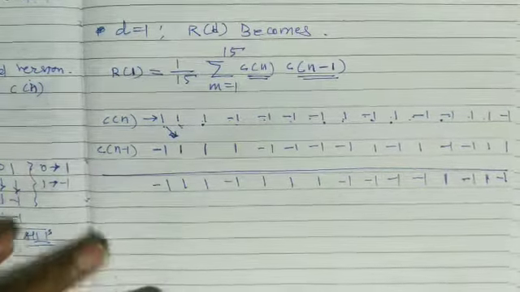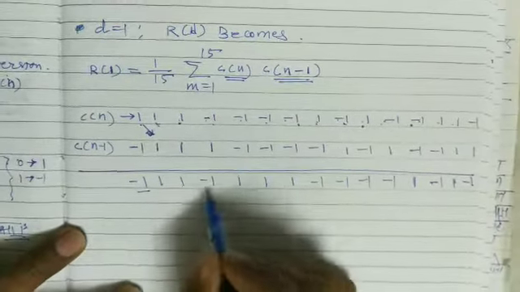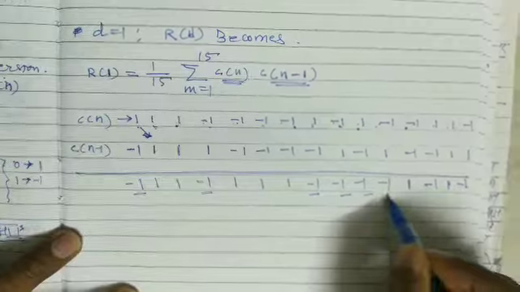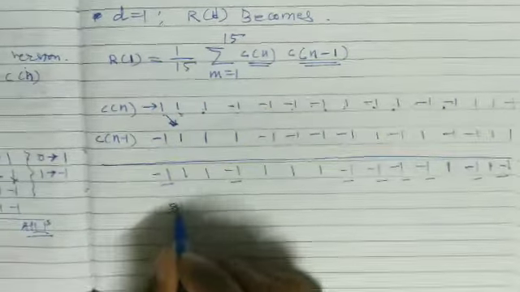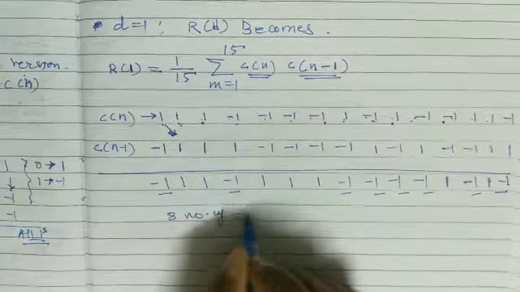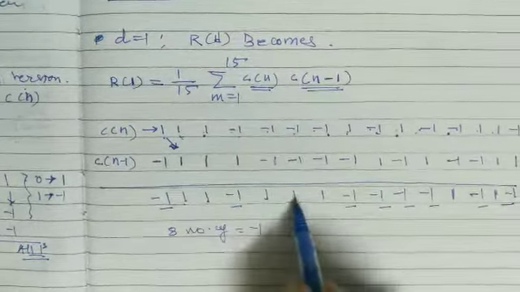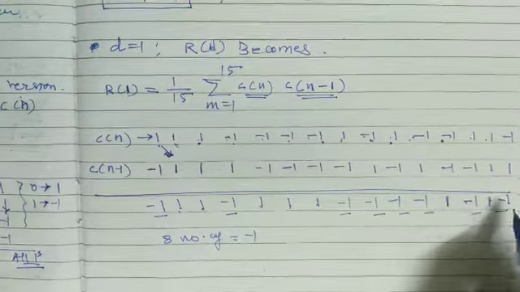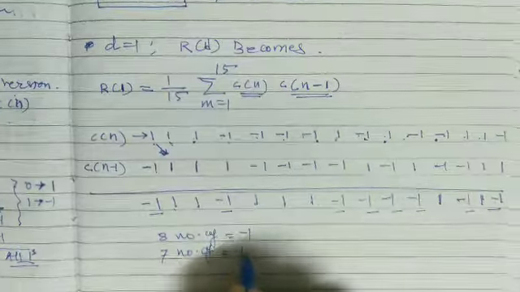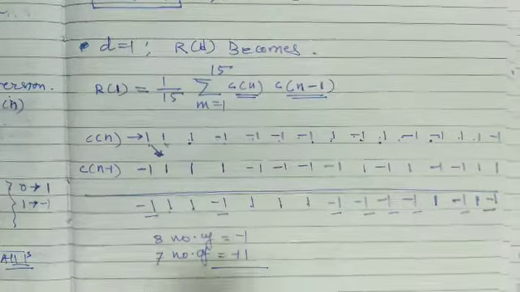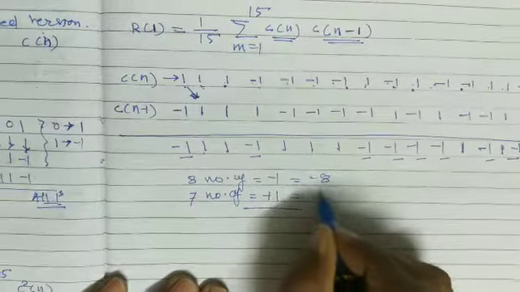If we count the total number of minus 1s and plus 1s, there are 8 minus 1s and 7 plus 1s. So if we take the summation, it will be minus 8 plus 7.